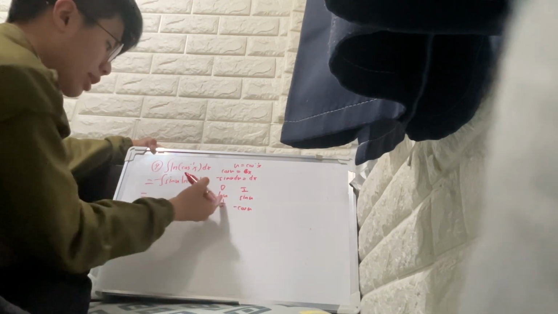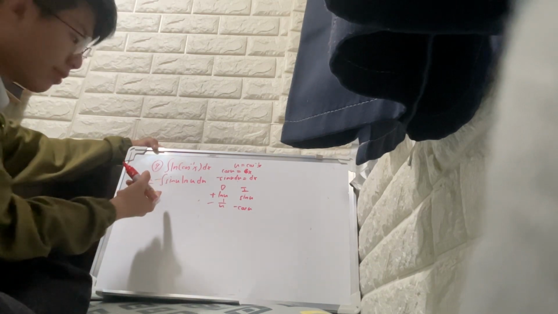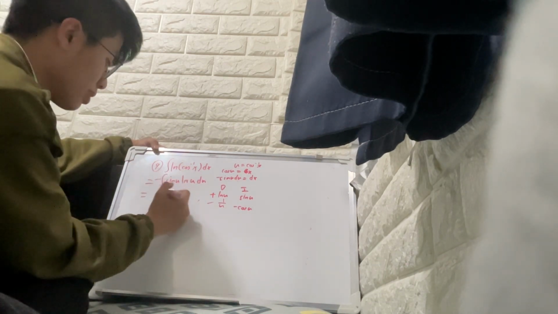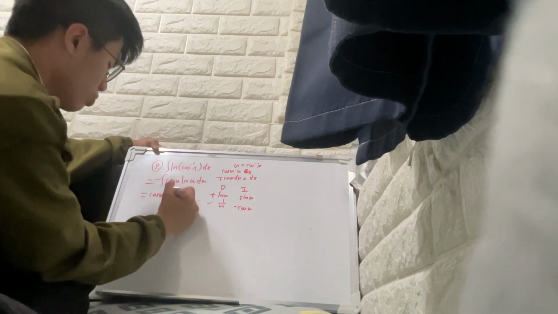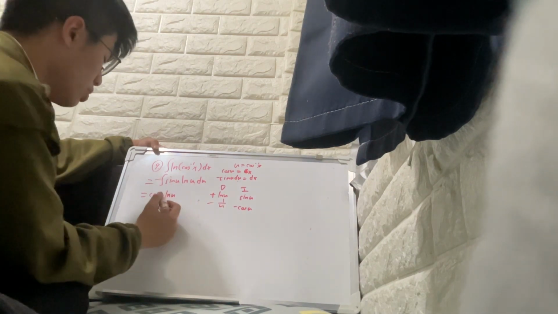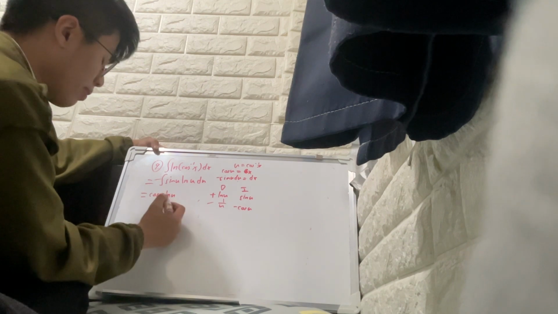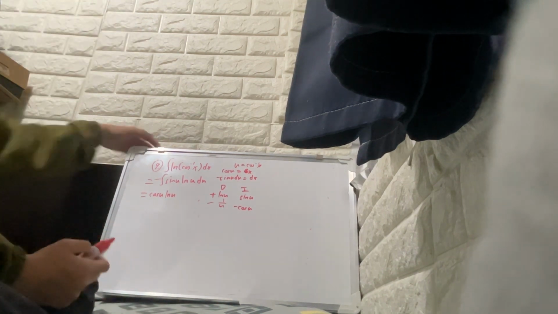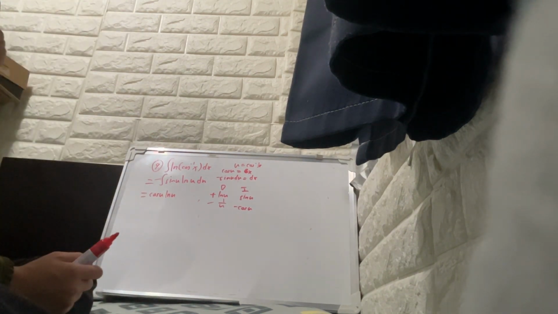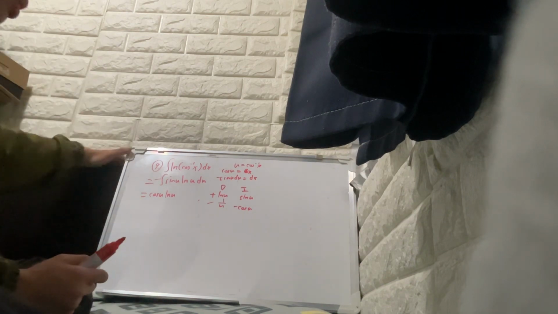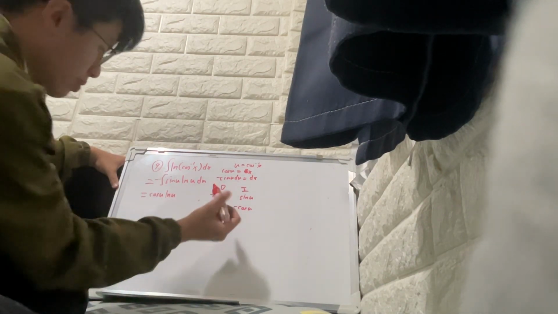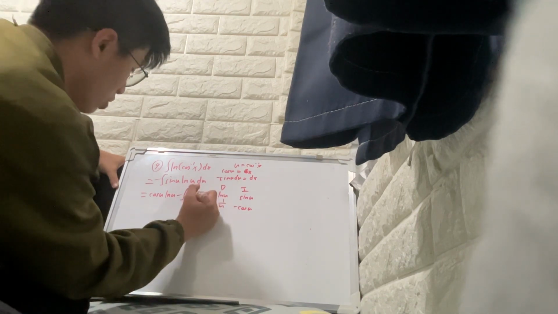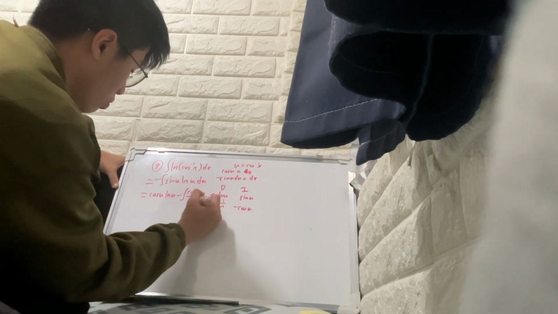So you get this, but in front we have a negative, so it becomes positive. Let me write cosine u ln u first. I think we don't need parentheses, it's okay. It's cosine u ln u, and then this term becomes positive, and in front we have a negative, so minus the integral of cosine u over u du.